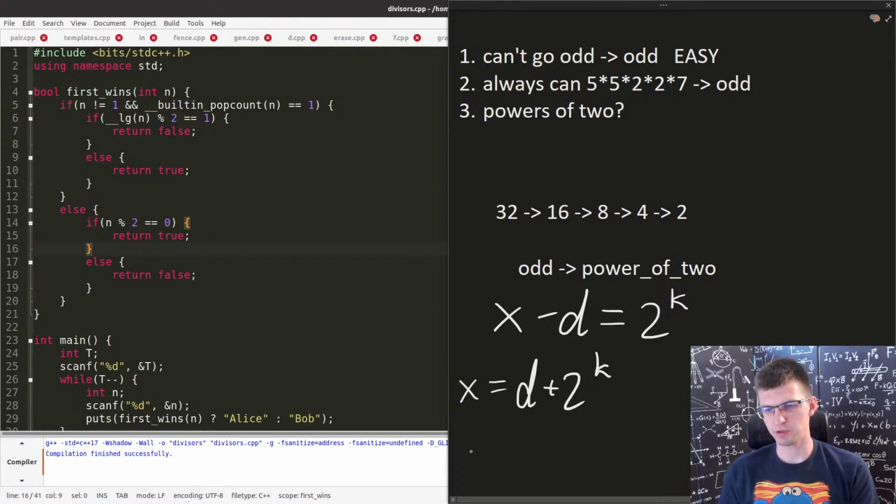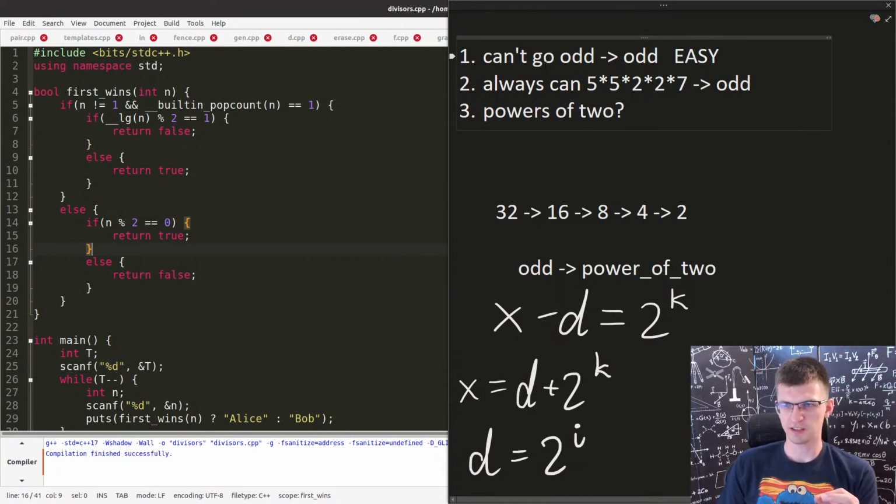And that's only possible if d is a power of 2. Well, it cannot be 1 because we cannot subtract 1. So we have that d is also 2 to some power i. Otherwise this wouldn't be divisible by d. And this cannot be odd unless it's 1, but you cannot subtract 1. Now this is done. Now we indeed proved that from odd you can only move to even numbers that are also not powers of 2.